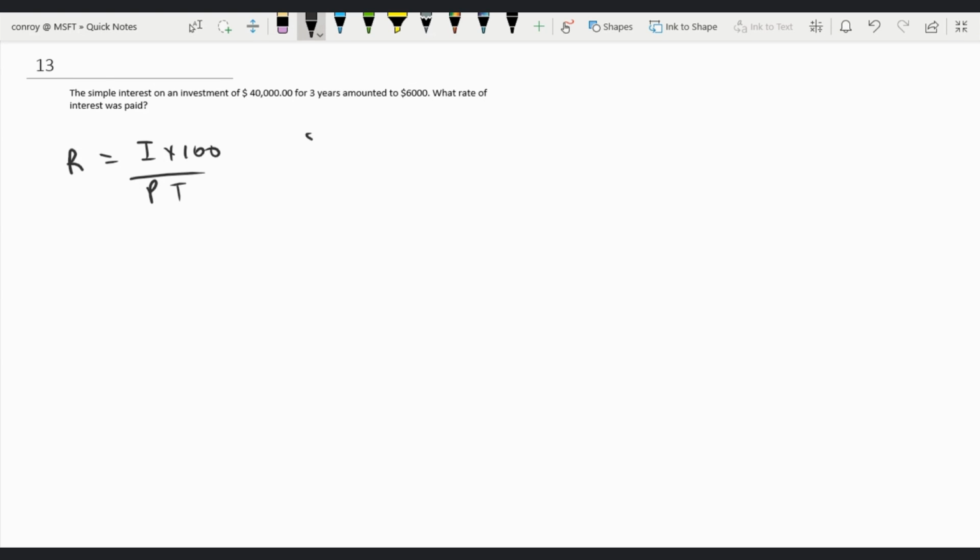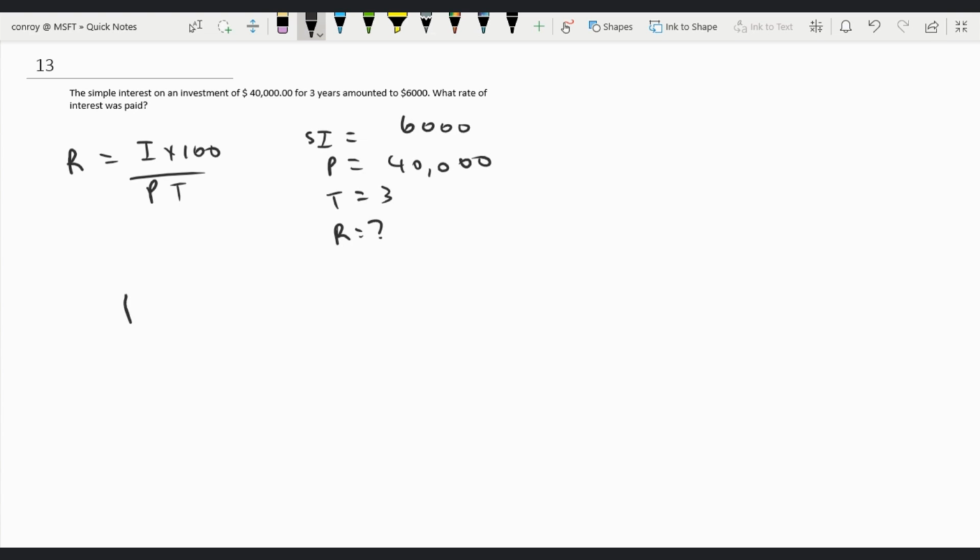Right. You know, our simple interest is I as well, equal to 6,000, and we know our principal amount is equal to 40,000. We know our time is equal to 3 years, and we're trying to find what R is.